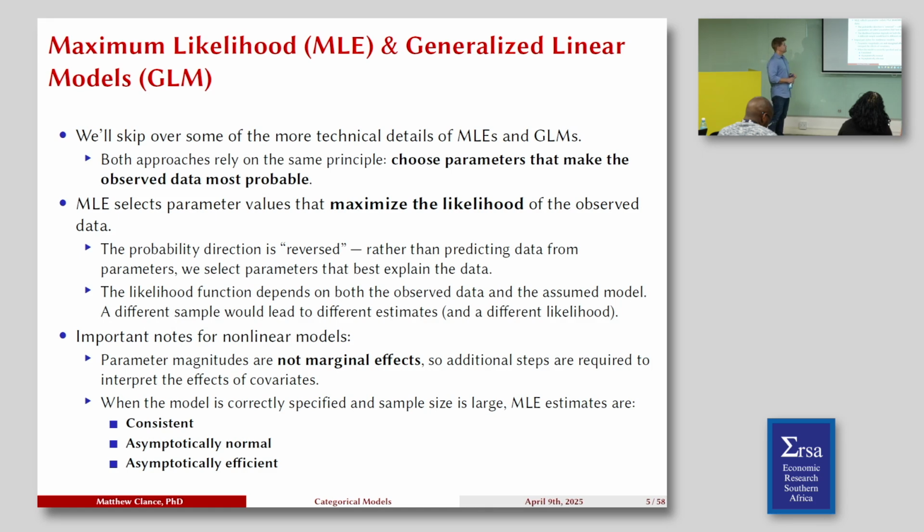So both approaches are going to rely on the same principle. We're going to choose parameters that make the observed data the most probable. This is why we're focused on the log likelihood. Basically, we're trying to move it from some negative outcome as close as we can to 0, because what that means is we're approaching 1.